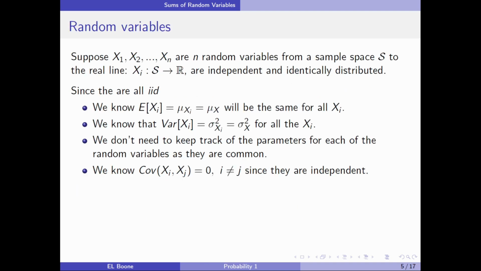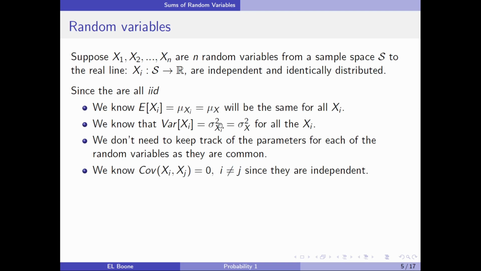All right, so we're going to have some notation here. We're going to say X1, X2, ..., Xn are n random variables from the sample space S to the real line. So Xi is a function that goes from S to R. They're all going to be independent and identically distributed. Since they are all IID, we know they're going to have the same mean and the same variance for each one of them.